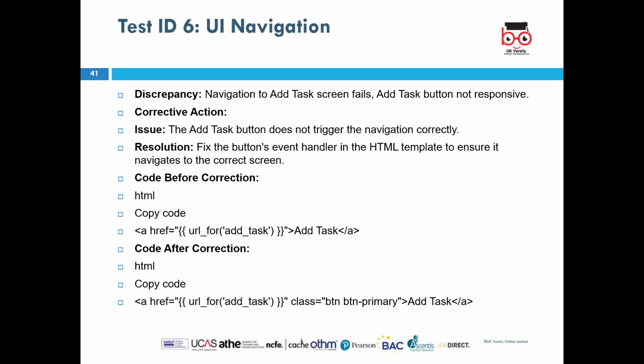We need to fix the button's event handler in our HTML template to ensure that it navigates to the correct screen. So the issue has to be fixed on our front end, in our HTML file, and here's the pseudocode for it.